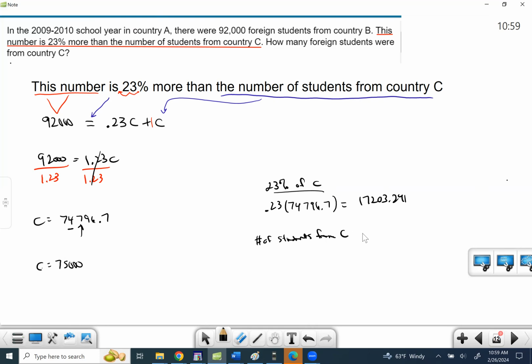And let's do, which is going to be what? We got this for the answer. But now I need to do 23% more. So we're going to take this and add it to it. If we put those together, we should get what's in country B, the 92,000, right?